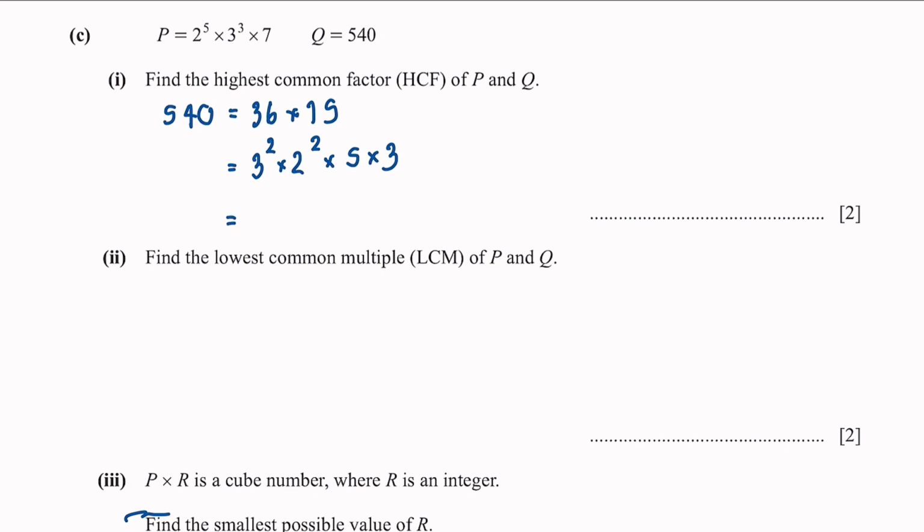And this is equal to 3 cubed multiply 2 square multiply 5.